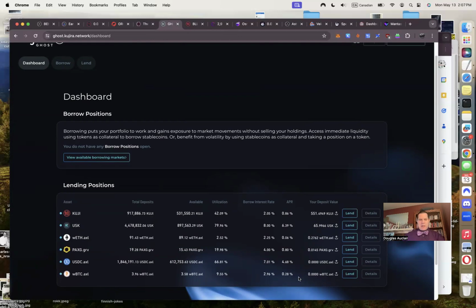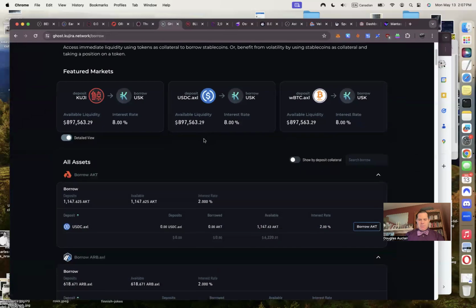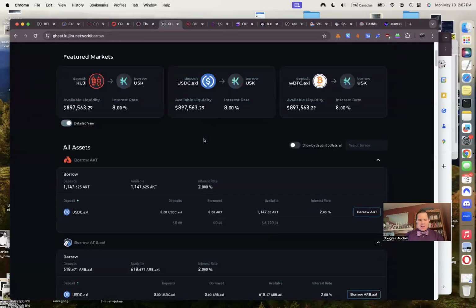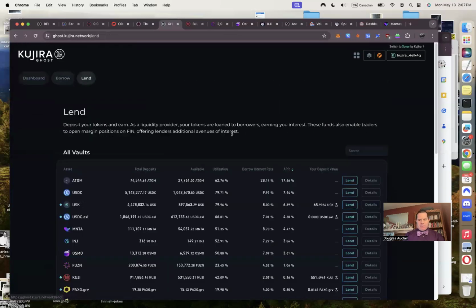Currently, they're at much more humble rates than they were before. The highest lending rate is 70% for Atom, 7% for USDC, and the other stables are comparable. But those can fluctuate upwards very quickly and stay up there for a while. I've seen 40% for a while on some of these lent asset rates.